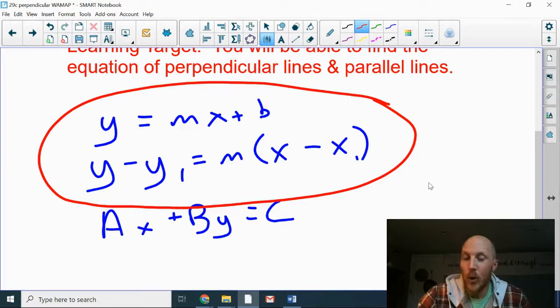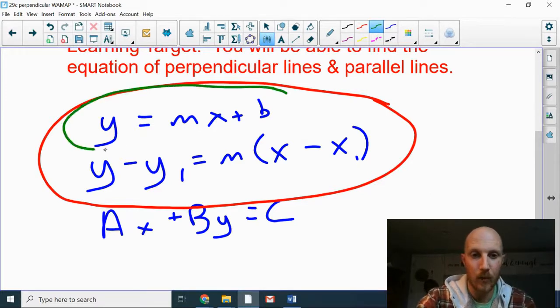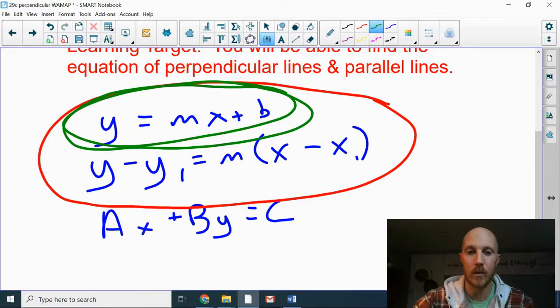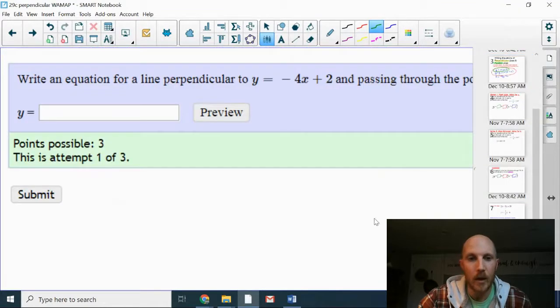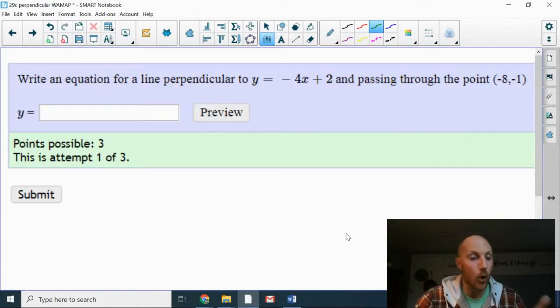Last time we only used point-slope form to write our answers in, and today we're going to give our final answer in slope-intercept form. While we actually have an opportunity to use both of these forms, our final answers today will all be in slope-intercept form.